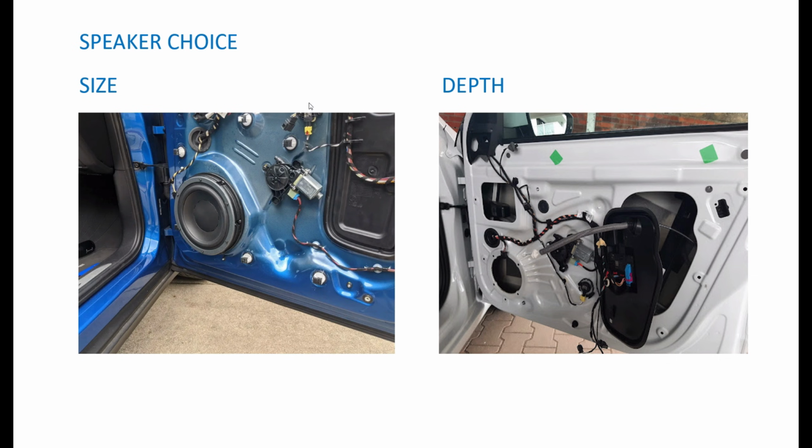You may need to build it out, or do something, because there's not enough space behind the A-pillar for your tweeter or a mid to be fitted. So I guess the takeaway is, when you're looking at your car's features, it is going to dictate somewhat the size and shape of the speakers that you can fit.